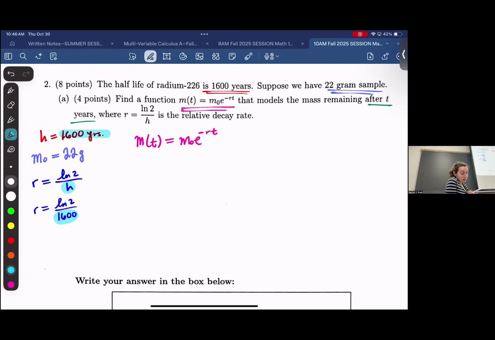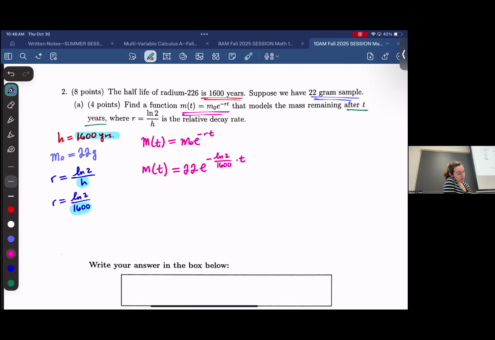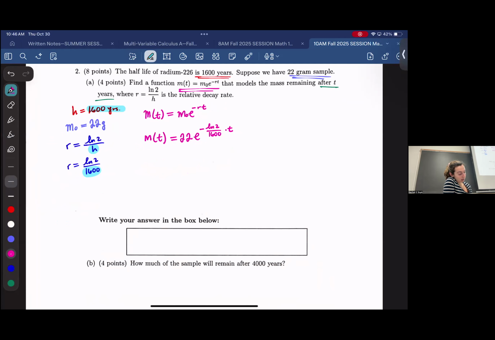And now let's plug everything into our formula. We're keeping t as our variable t. And when we do, we get m of t is equal to 22 times e to the negative ln of 2 over 1600 times t. And that's it.